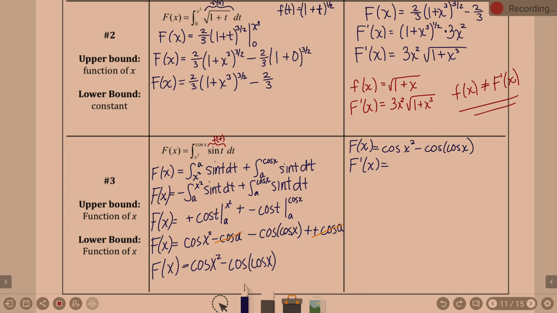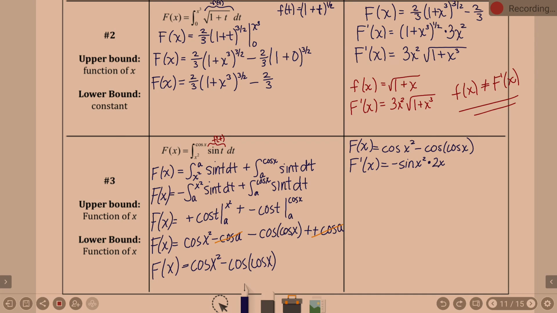Okay. Derivative of cosine of x squared: negative sine. Derivative of cosine of something is negative sine of something, times the derivative of something. Derivative of x squared is 2x.